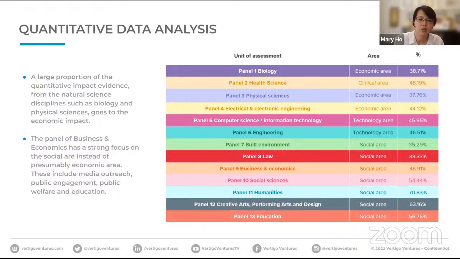It is also worth noting that the panel of business and economics, panel 9, has a strong focus on the social area instead of, presumably, the economic area. The social area includes media outreach, publications, public engagement, public welfare, and education. Another panel which also places a strong focus on the social area is, of course, humanities.